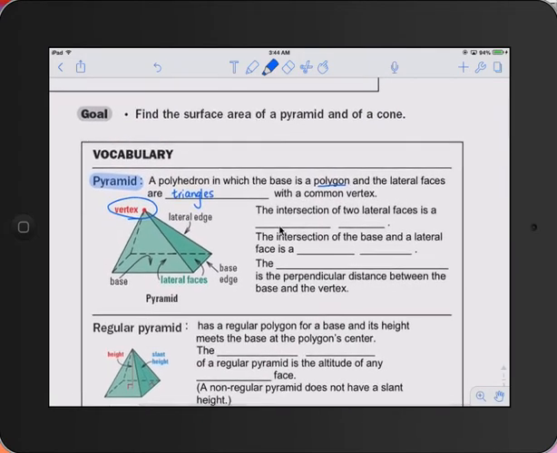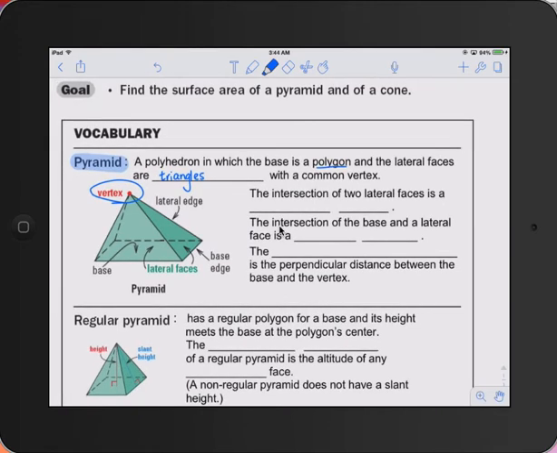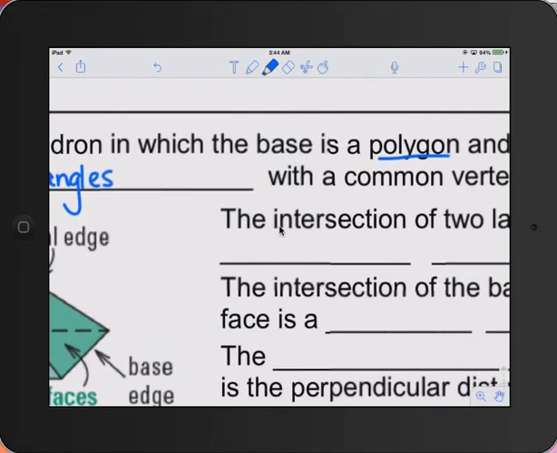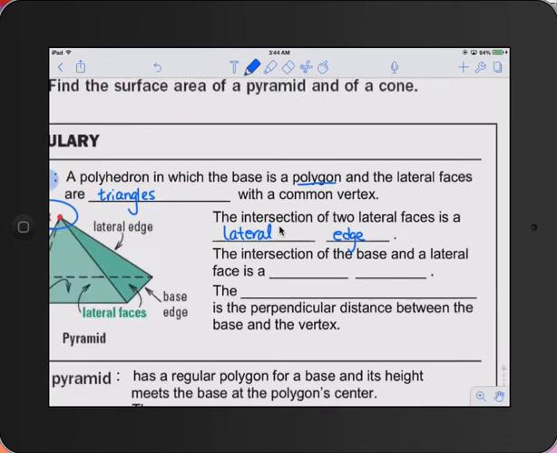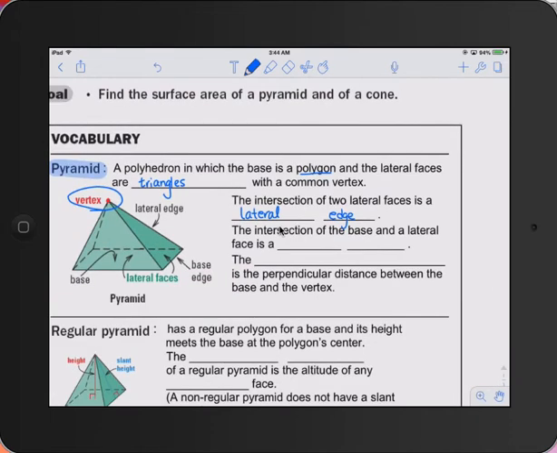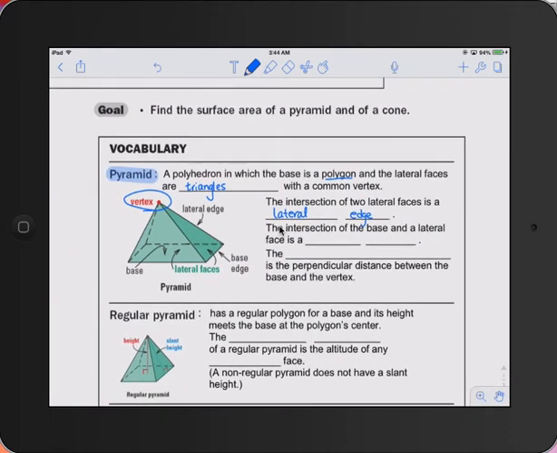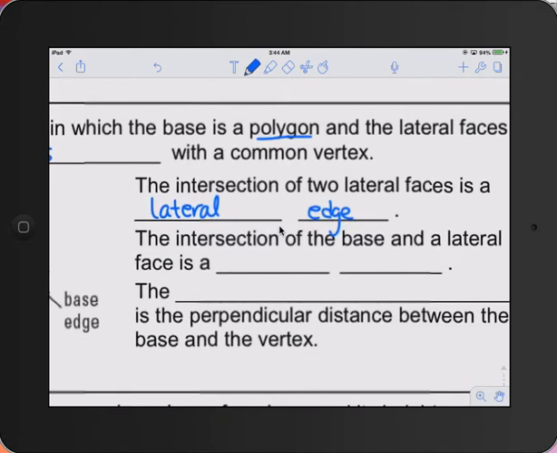It does have some common features of a prism, though. The intersection of two lateral faces is a lateral edge. And the intersection of the base and a lateral face is called a base edge.